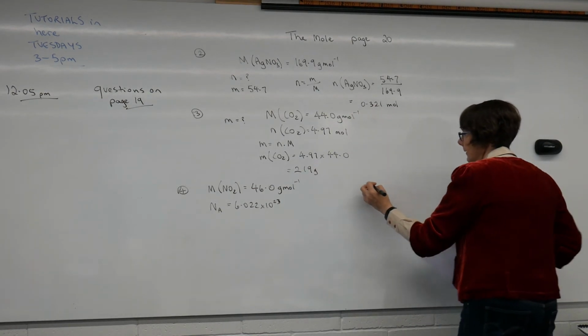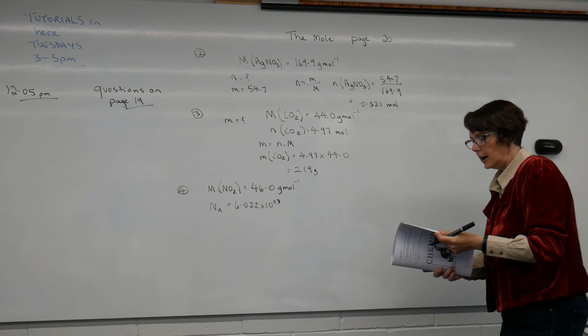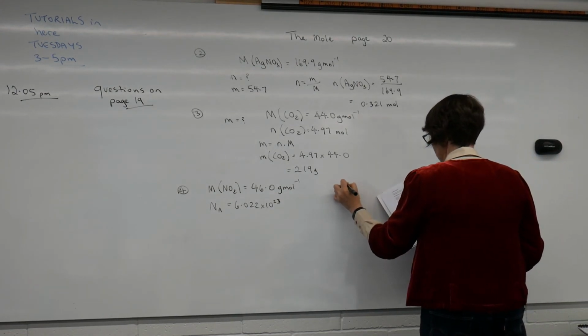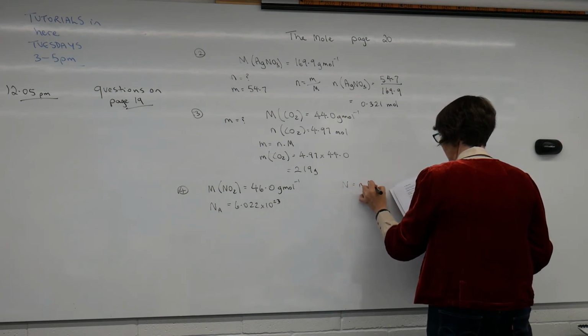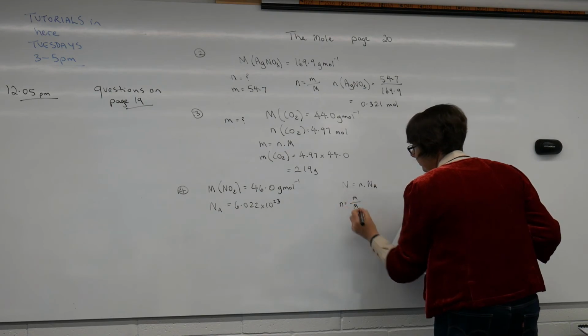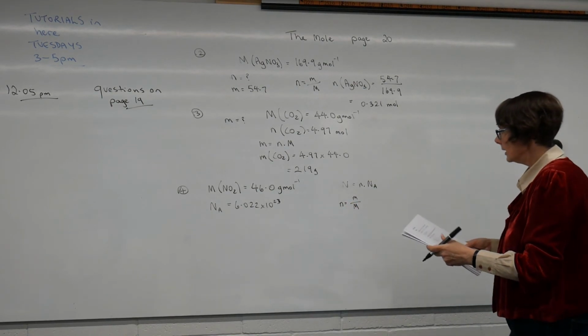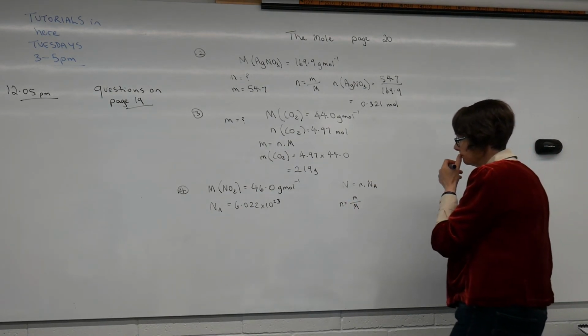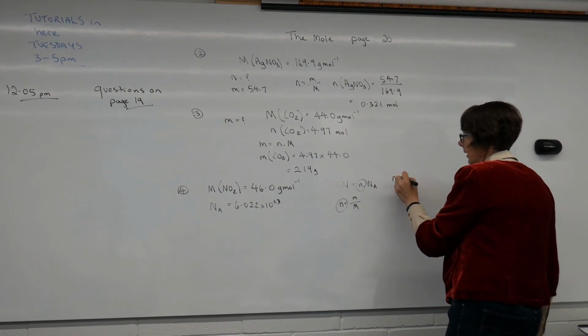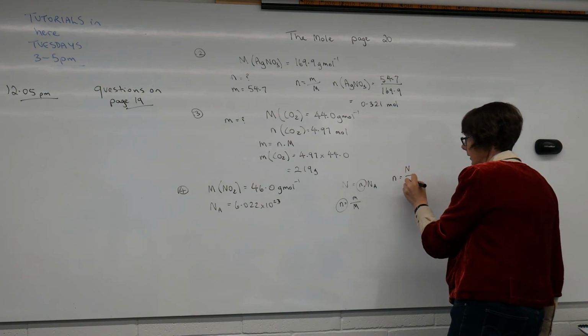And we know our formulas for particles, so N equals n times NA, and we also know that n equals little m on big M. And we can combine them together. So m would equal M times N on NA.